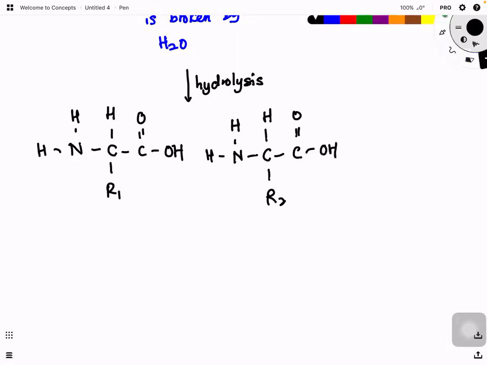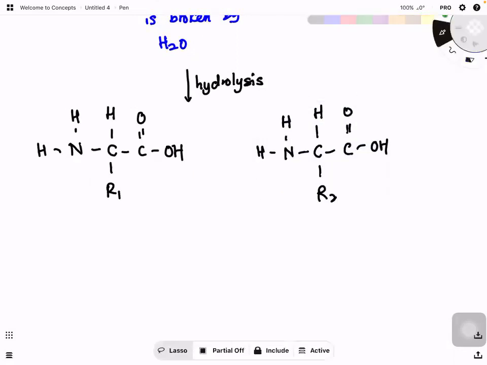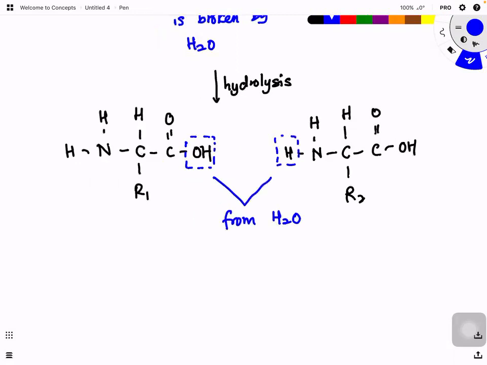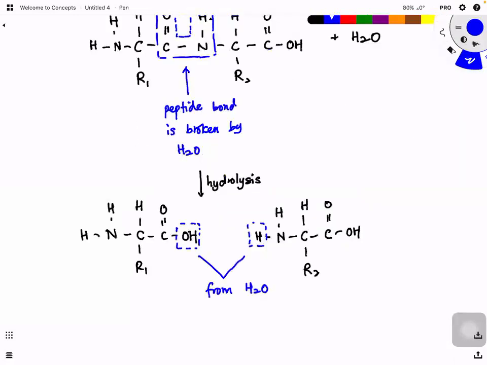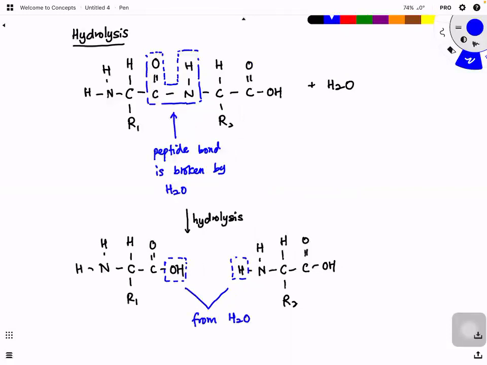Let me move it away. Now how do you indicate it? I will indicate OH here and H. These two actually come from H2O. So this is how you draw the hydrolysis of the peptide bond.